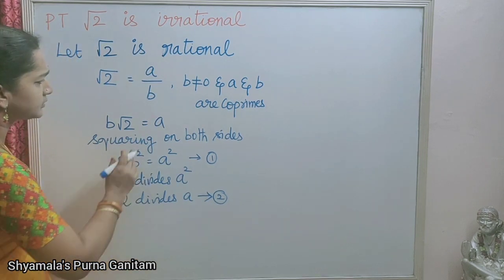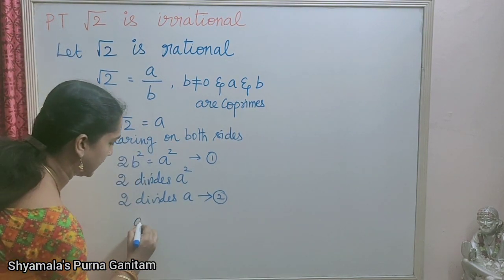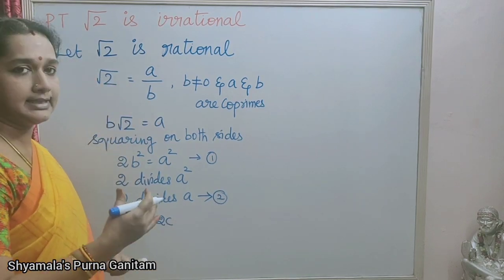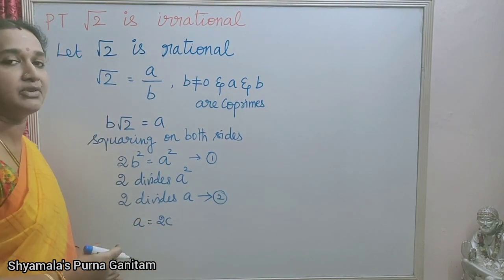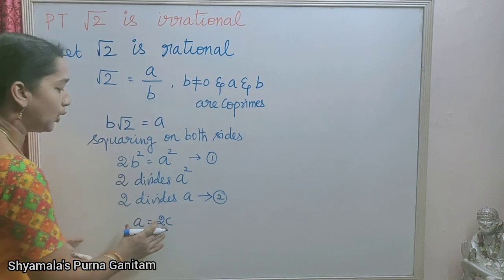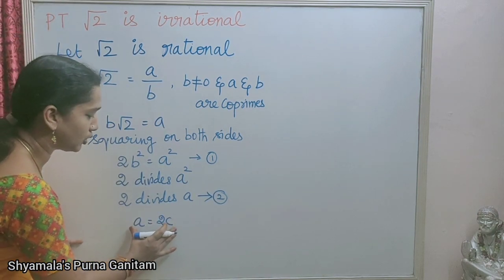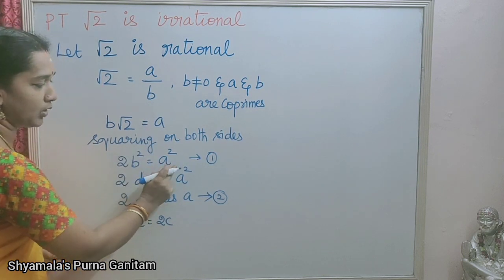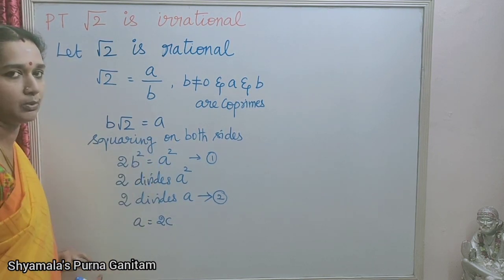Now we take the value of a as a is equal to 2c. We substitute this value a is equal to 2c in the first equation. What is the first equation? 2b squared is equal to a squared.